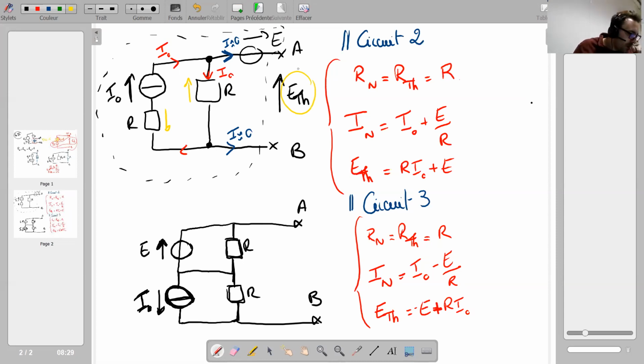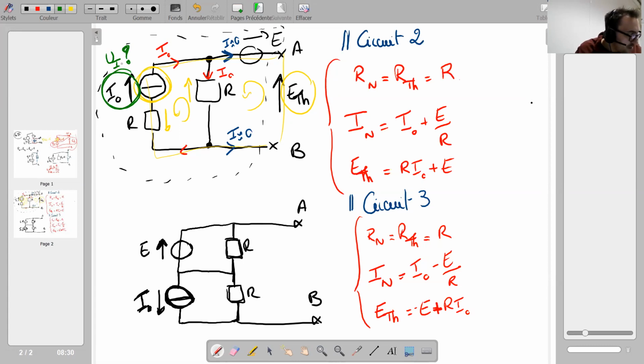You need one equation coming from mesh law. Here you have different meshes: one here, another one there, and a large one here. But remember that in this case you have a current generator. This is a current delivered by the generator, but there is some voltage between the terminals of the generator that you don't know either.